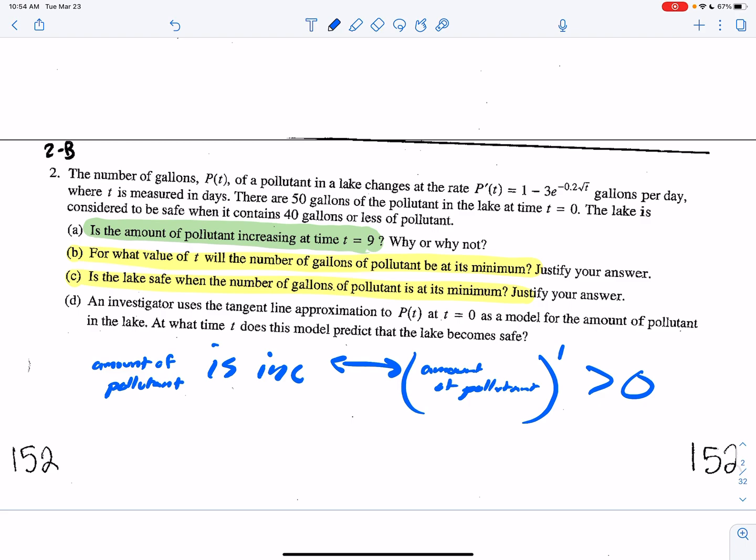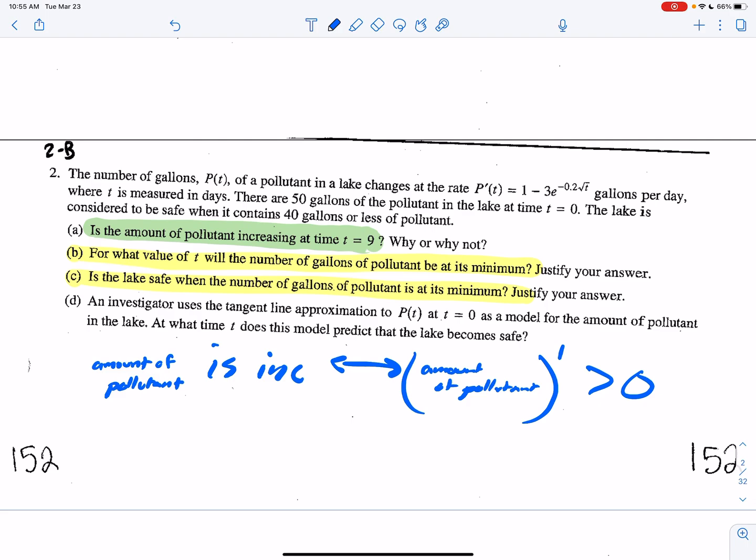So the rate at which pollutant is going into the lake, we have to show that it's positive. Really think about this concept. It's a very simple concept to do, not to understand. You might need to read it a few times. If we want to know if the amount of pollutant is increasing at this time, we need to show that its derivative is positive at this time.